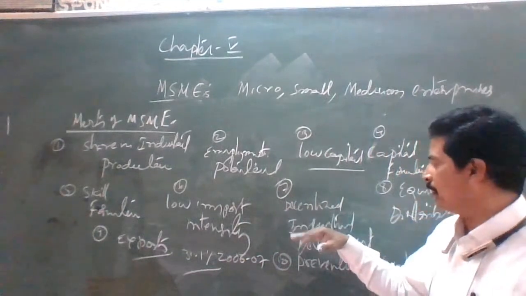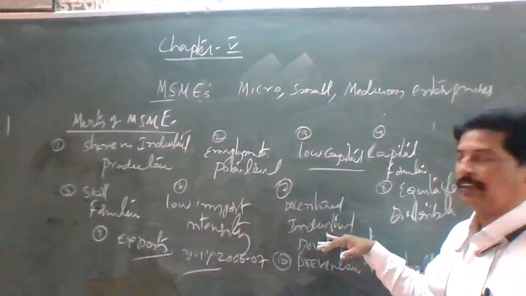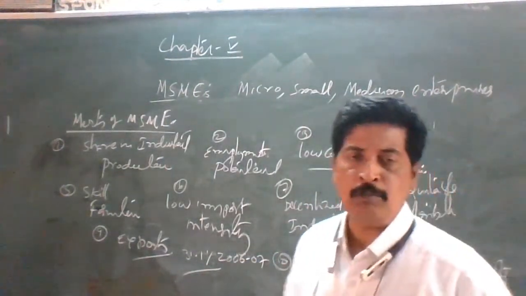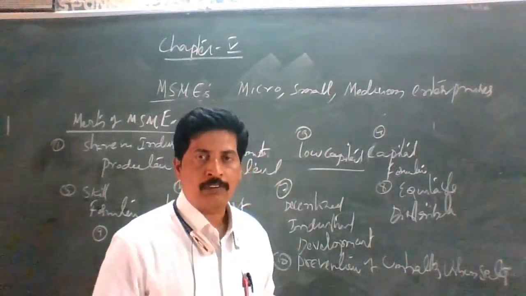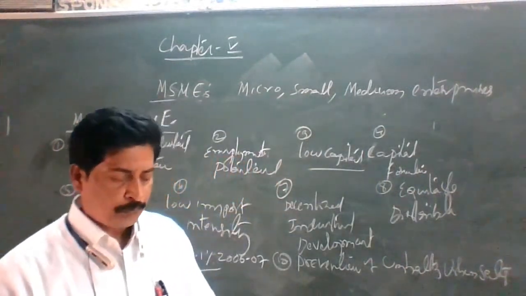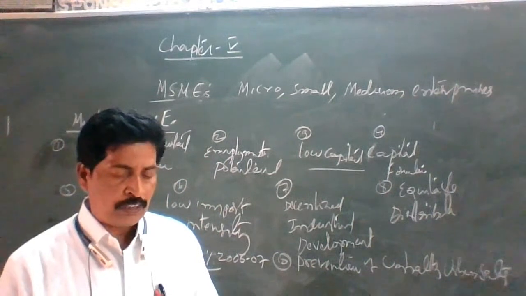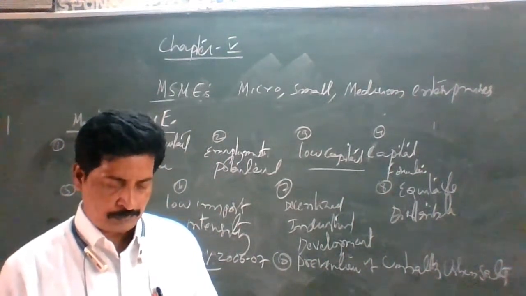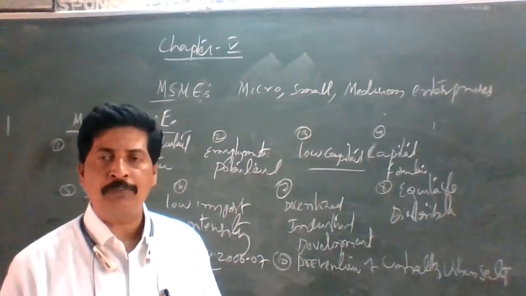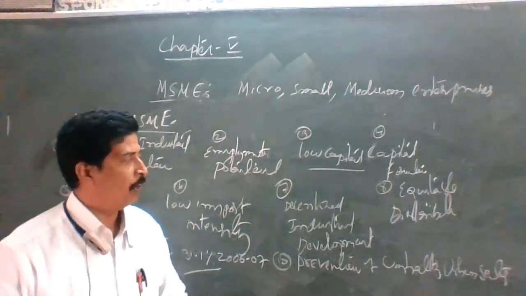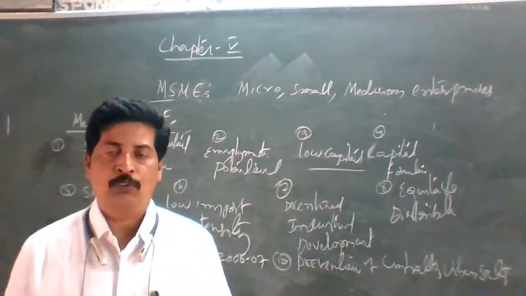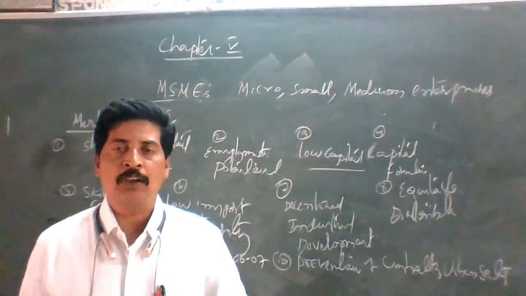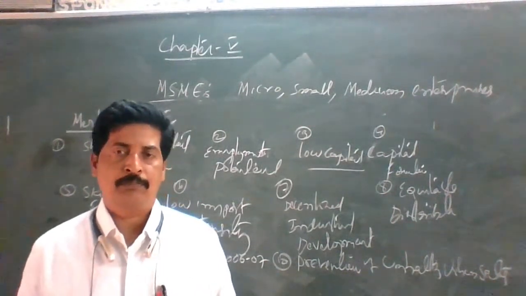Then coming to the seventh one, decentralized industries. When MSMEs are in active mode, there is industrial decentralization. It can achieve the objective of regional balance. Through MSMEs only, regional balance can be achieved.